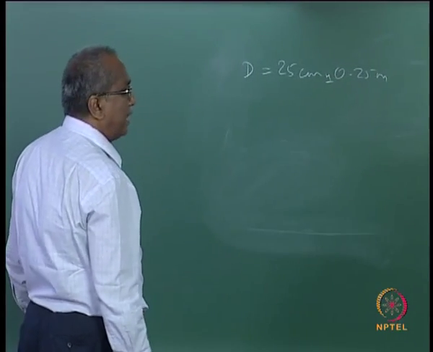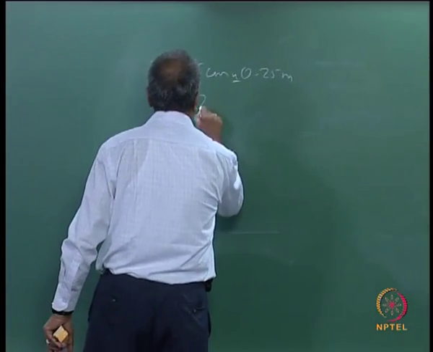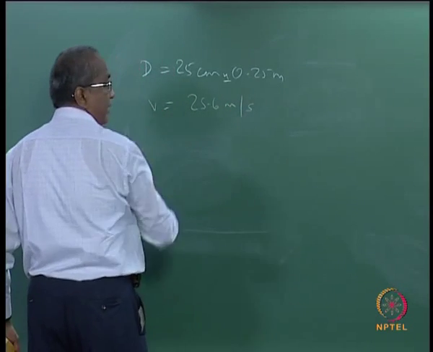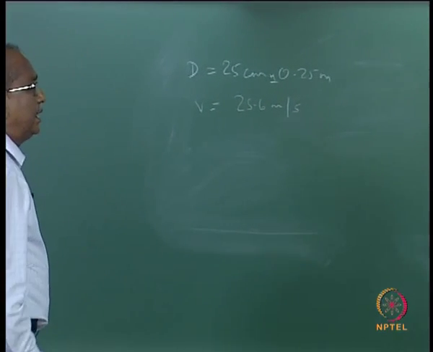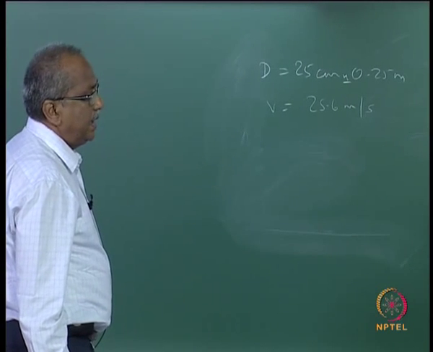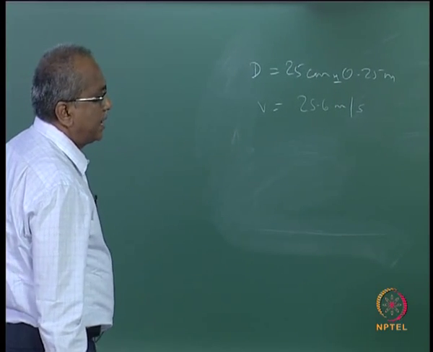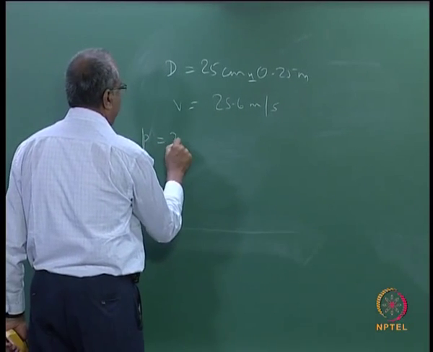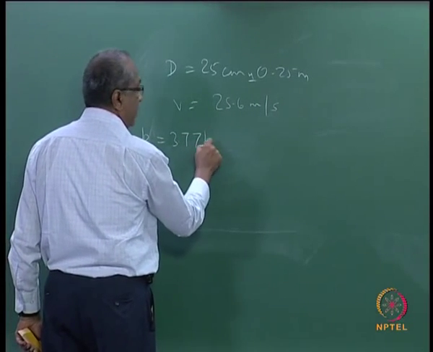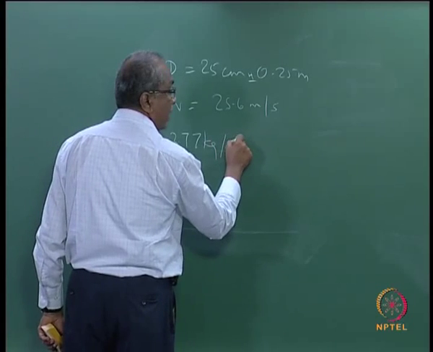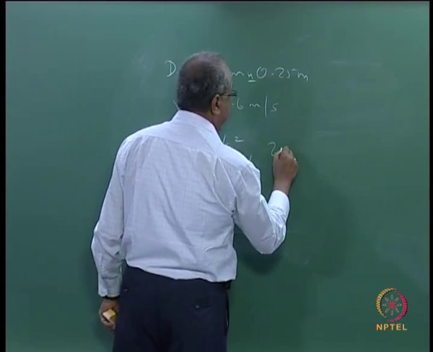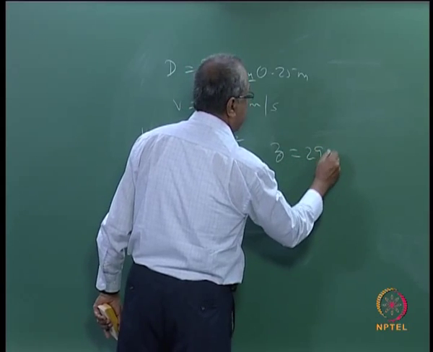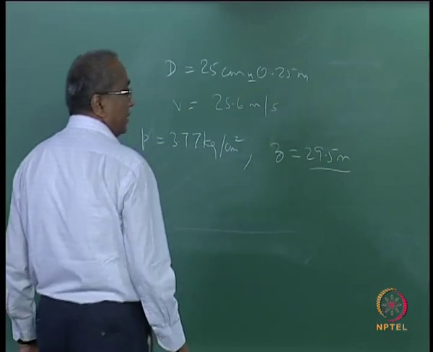Then water velocity is 25 meters per second, that is the velocity at point A. At point A, measurement of pressure and elevation. So pressure is 3.7 kg per centimeter square.